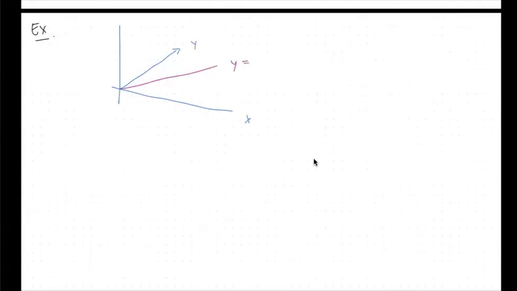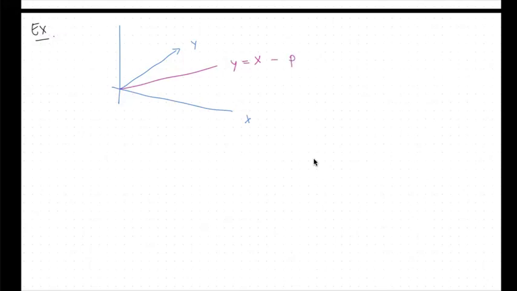Okay, so let's go to the other example. So we have here, let me draw. Para drawing ko lang para mas slow yung ating pacing. So ayan, meron kang Y, meron kang X, and then you have an equation given by y equal to x.